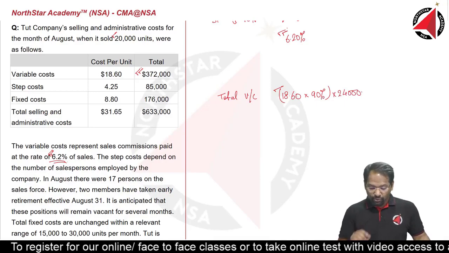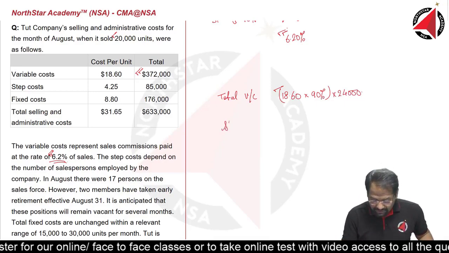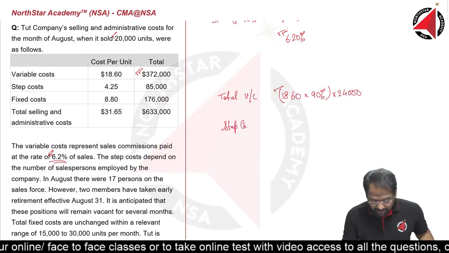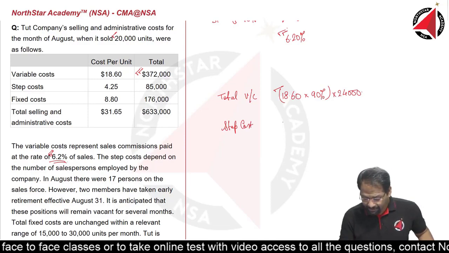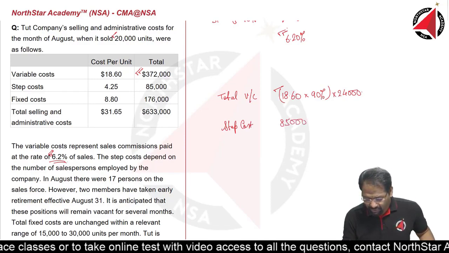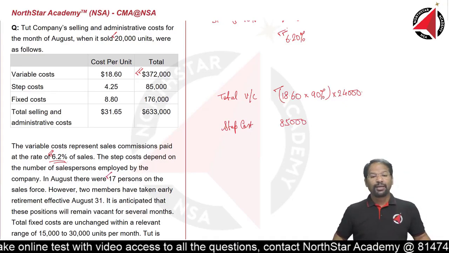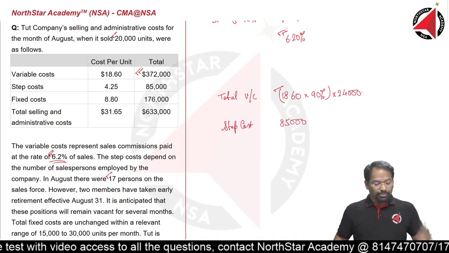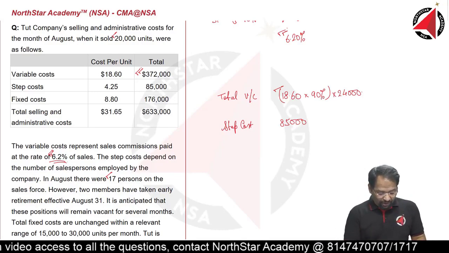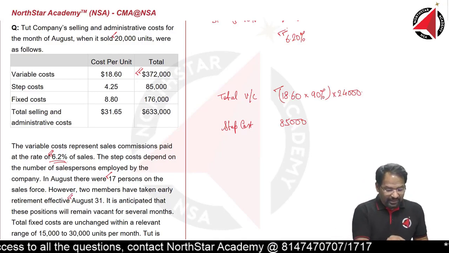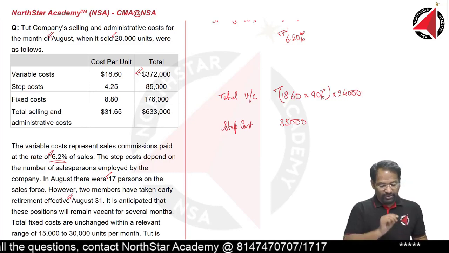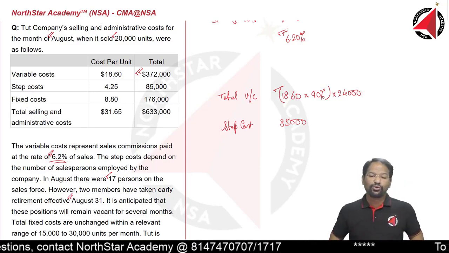This should be the total variable cost. What should be the total step cost? Step cost calculation is very simple. 85,000 is the step cost for how many employees? It is 17 employees. But how many employees have left? 2 employees have left with effect from August 31st, and these details were for August. So on the last day of this month, 2 employees have left.